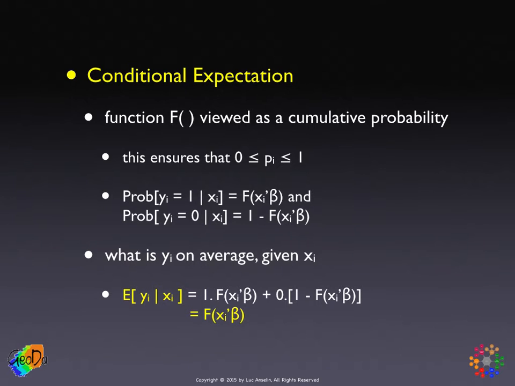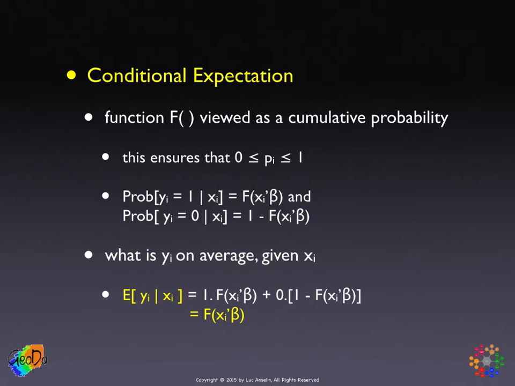And because of the way a cumulative probability works, the conditional probability that you observe a y sub i equal 1, so the event happens given the characteristics, given the x sub i, is our function again, the function of x i and beta.